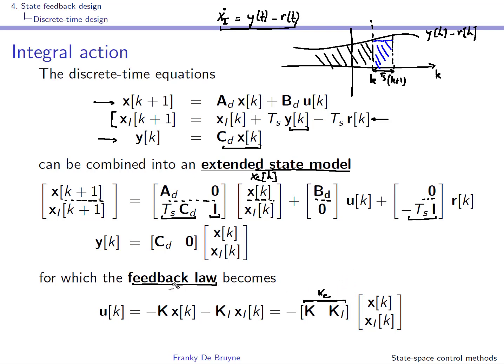But once you have it, well, you can use it for integral action, and as before, what we'll do is split the state in two according to xk and xik, and this will produce the state feedback K and the Ki that you're going to use in the integral action.